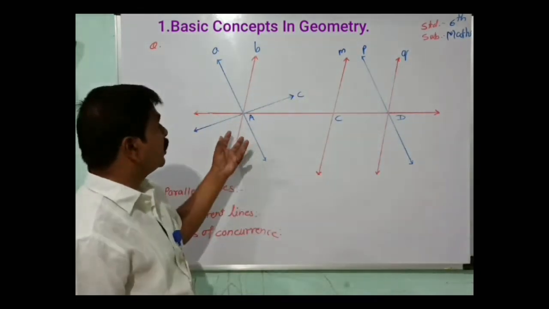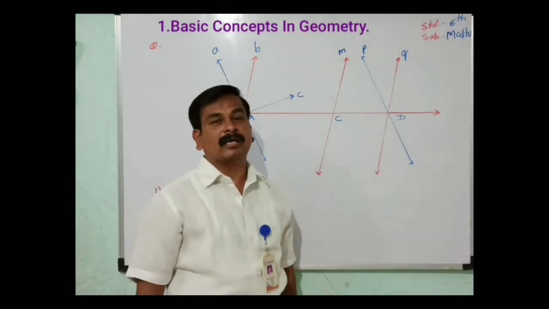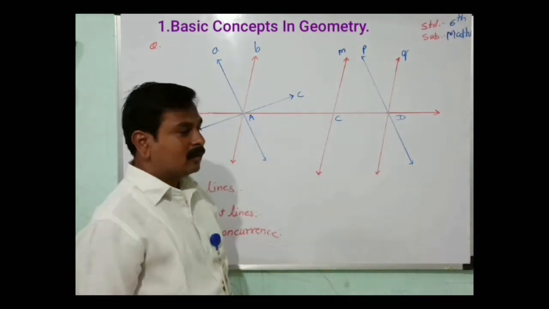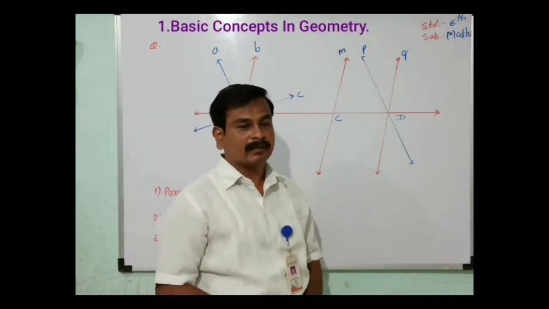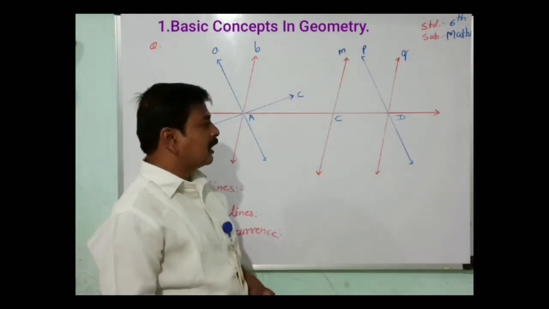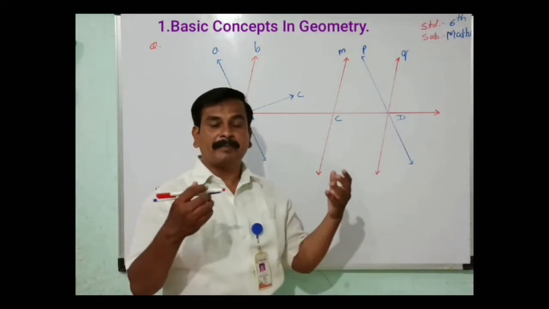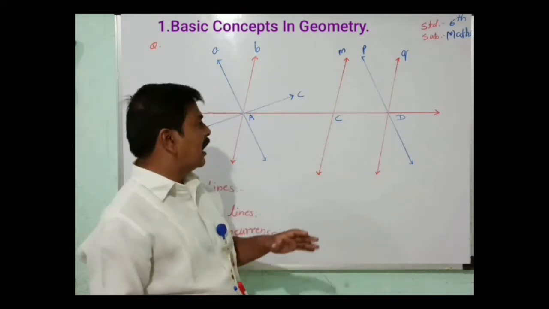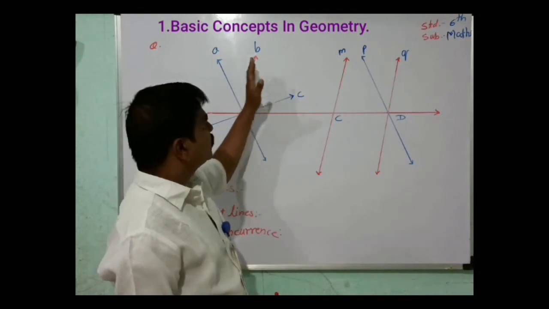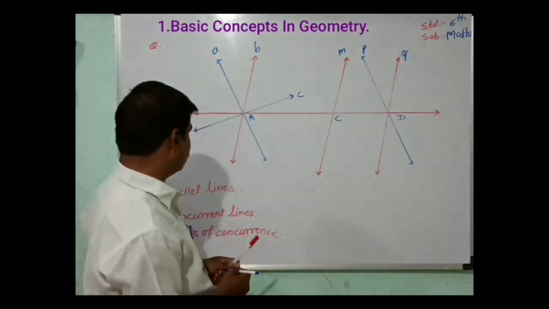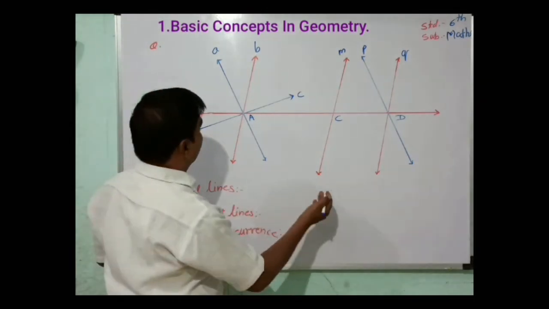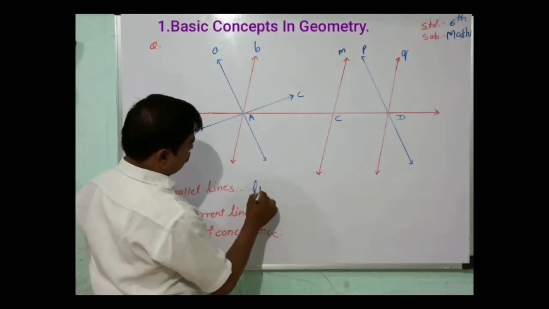If we observe this diagram carefully, we will get these 3 lines which are parallel. Try to remember the definition of parallel lines and then select parallel lines from this diagram. Now I am writing names of parallel lines.